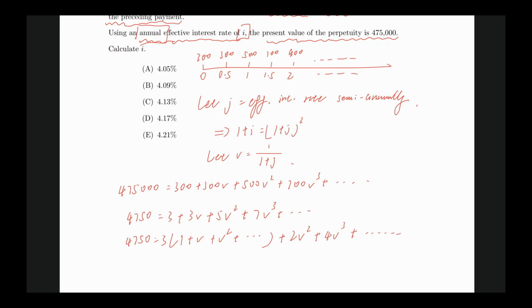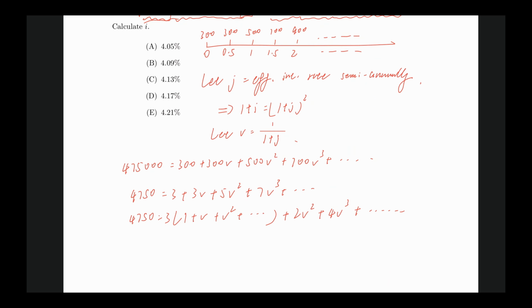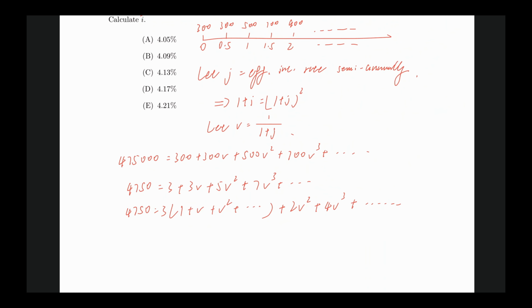Okay, so I believe I can take a 2v squared out for the second component.